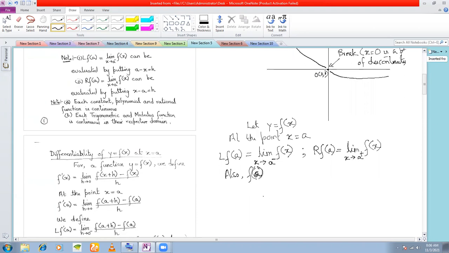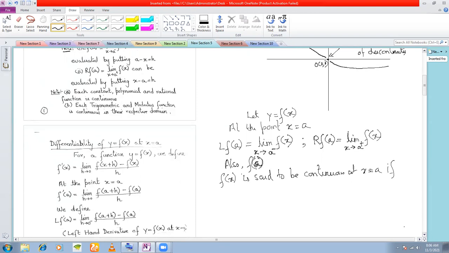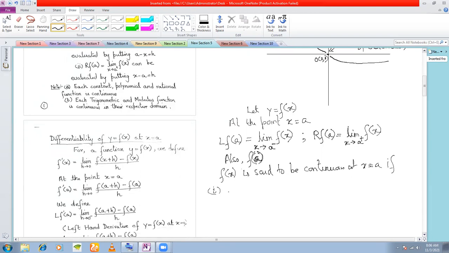Also, you will find f(a). Now, once you have found these three, then f(x) is said to be continuous at x = a if these two conditions are satisfied. What conditions? That the right-hand limit must exist.